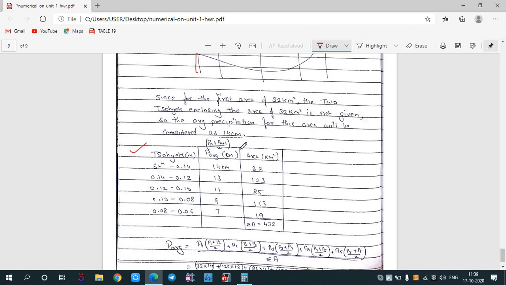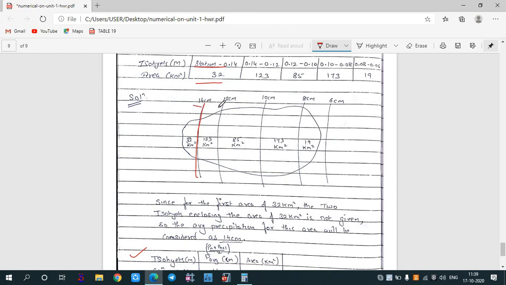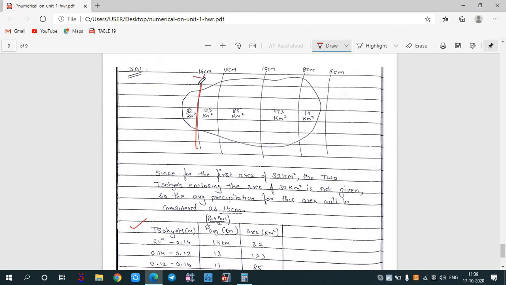After that, we'll try to calculate the average precipitation. The first precipitation is coming out to be 14, because from this side no station value is given. No station has been there, so the average value will be 14. In the second, between 14 and 12, the average value is coming out to be 13. 14 plus 12 divided by 2 gives you 13.